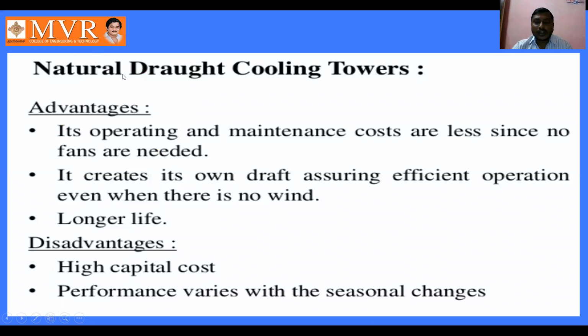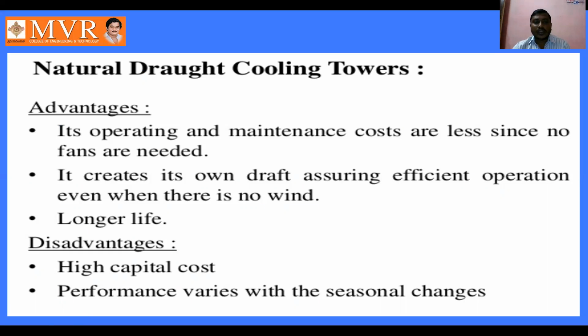Natural draft cooling towers have some advantages as well as some disadvantages. Coming to the advantages, the operating and maintenance costs are less since no fans are needed. As the name itself defines, natural means we are not using any external agent such as fans and other equipment.